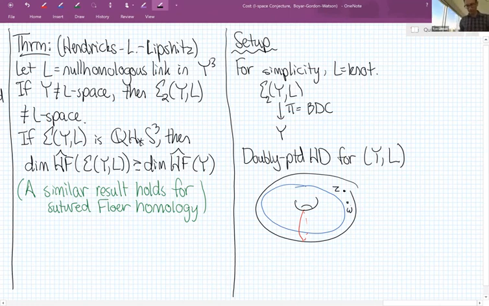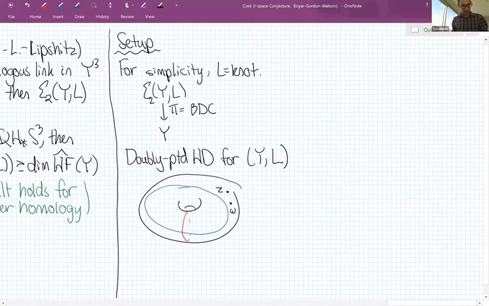This is a Heegaard diagram for the unknot, so it's not particularly interesting, but given any knot, you can represent it by a Heegaard diagram where you put two base points down. So it's just some sort of combinatorial representation of this knot. So that's the first step.